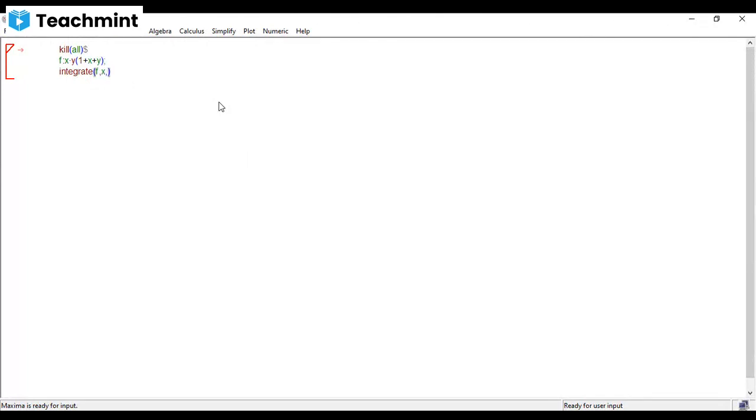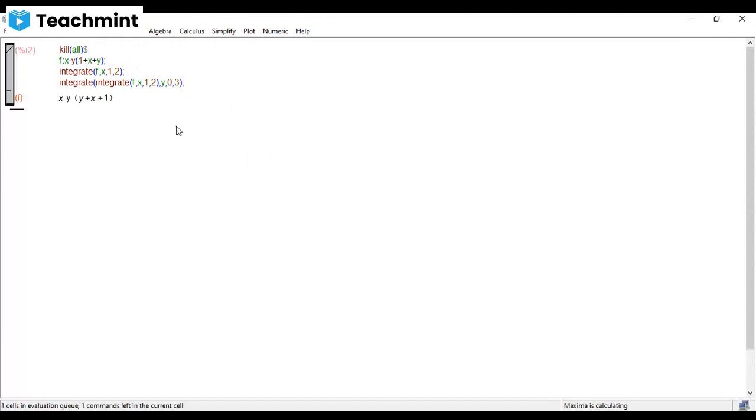So your function is f, comma, variable x, and the limit for x is from 1 to 2, isn't it? Then you have to integrate this with respect to y. So this answer has to be integrated. This is your new function, right? This answer, with respect to variable y, and the limit is from 0 to 3.